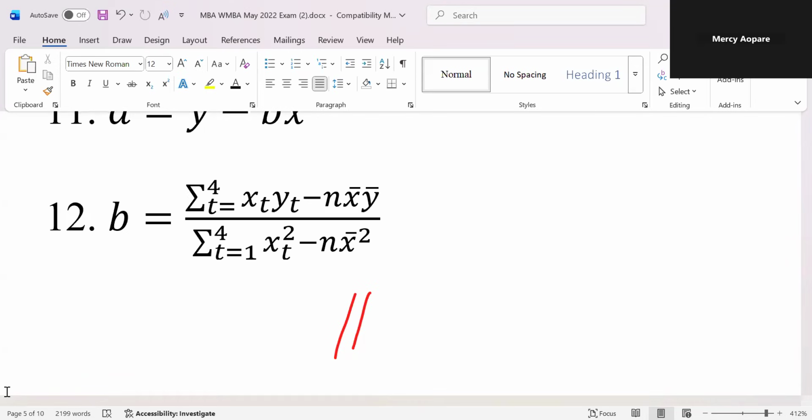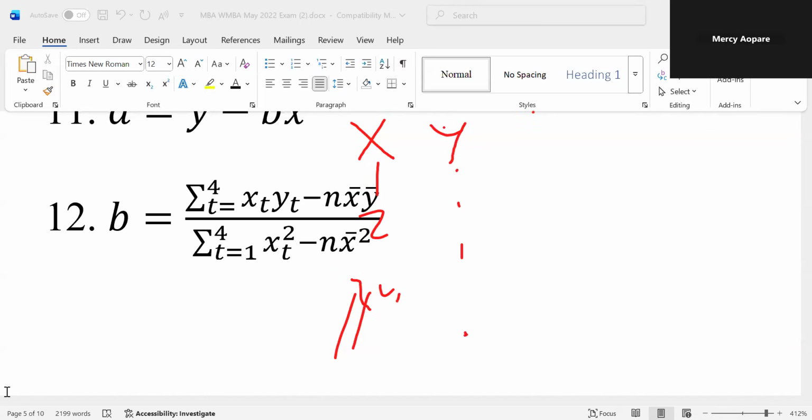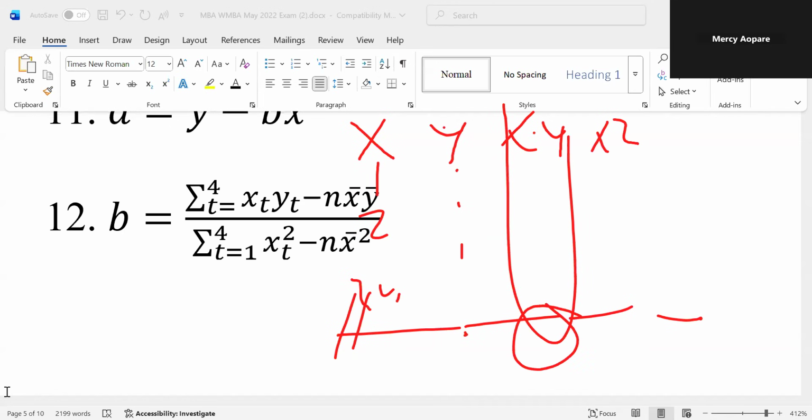Why did we use the 275.1? Okay. Is it like the total of XY? We got the x and y columns. X was 1, 2, 3, all the way to 4. Y was some numbers. Then we got your xy and then x squared. And then we total each one of them. Yes, please. This one total is this one. Oh, okay.